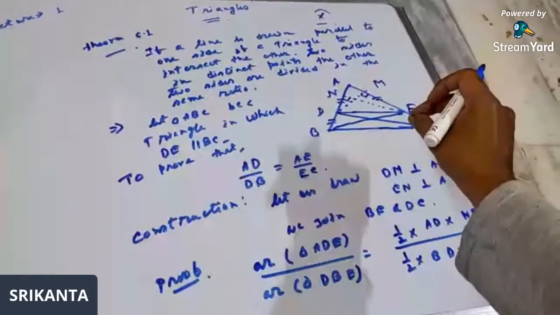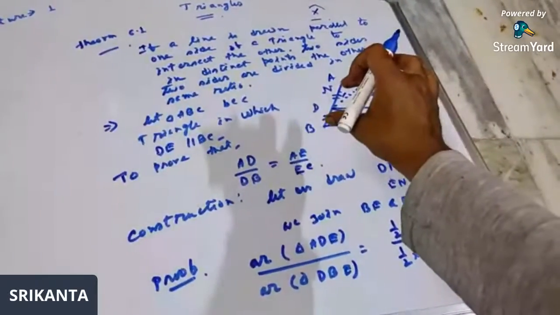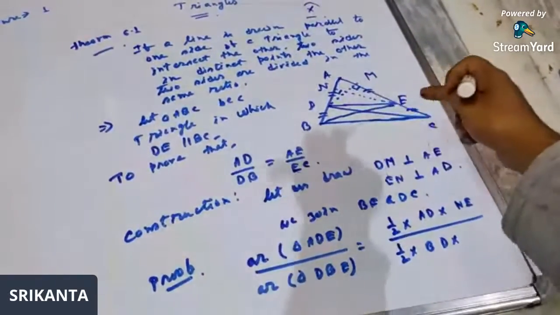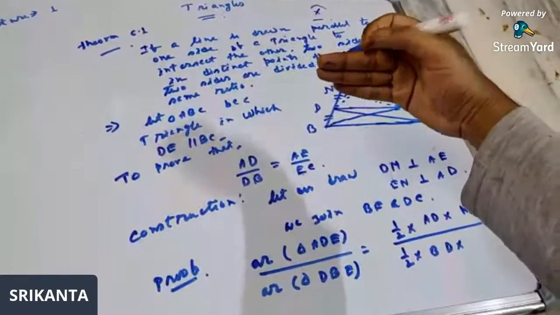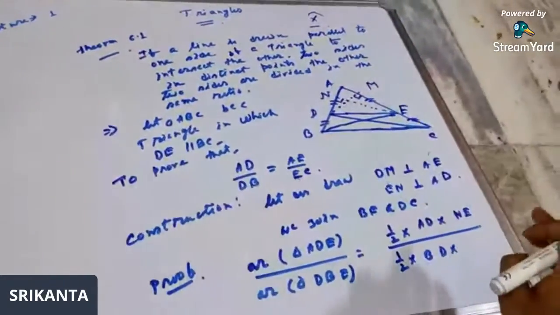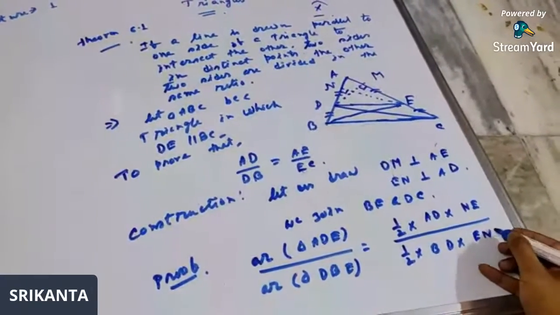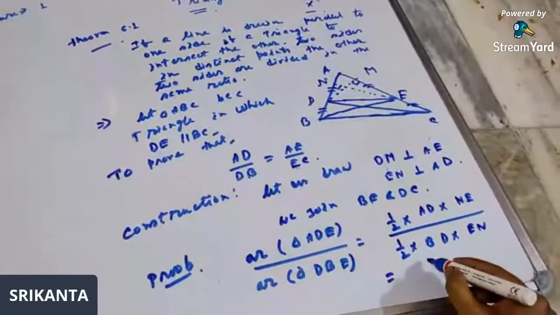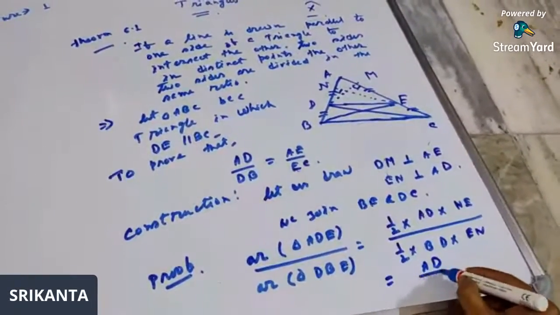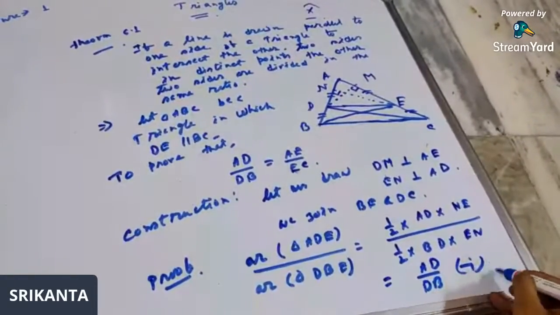Height means the perpendicular distance from the vertex to the base. So you write NE. Now EN cuts down, half cuts down, so we have AD by DB. This you put as equation 1.